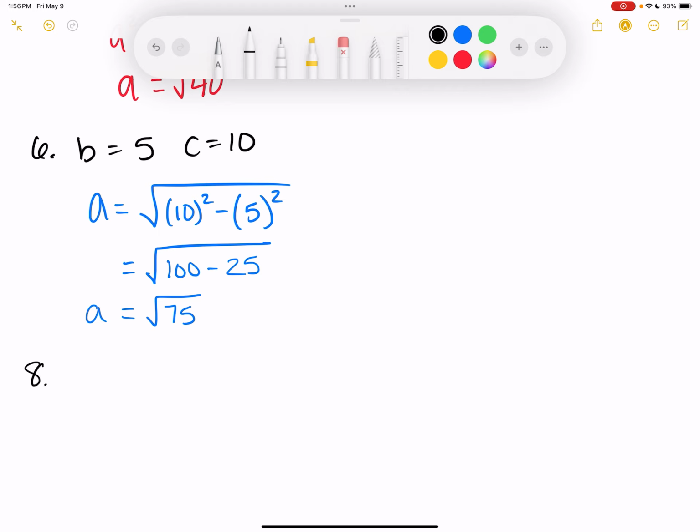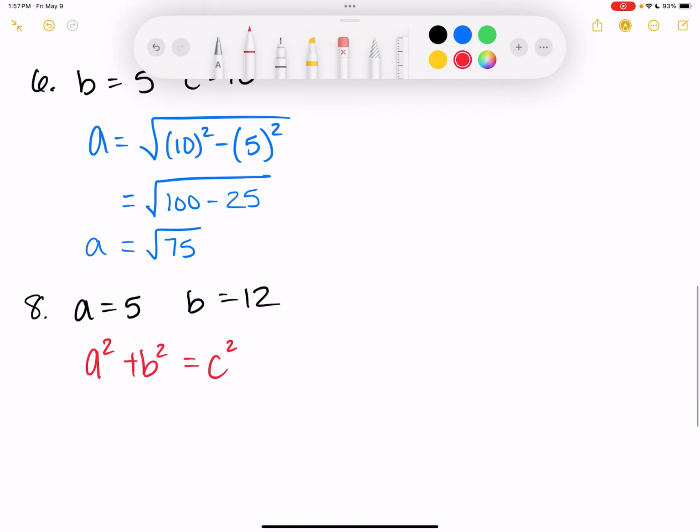Eight. A equals 5 and B equals 12. So I've got A squared plus B squared equals C squared. But if I want to save a step, I can go ahead and take the square root so that I have C by itself.